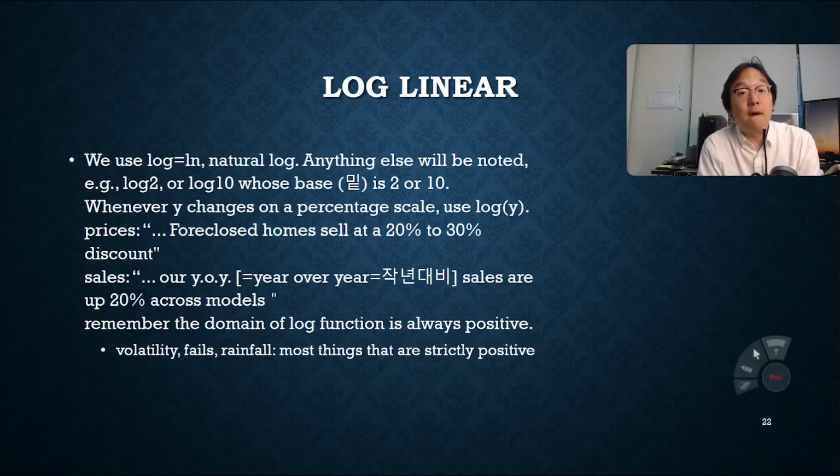Prices: foreclosed homes sell at 20% to 30% discount. Sales: our year-over-year sales are up 20% across models. Then use log, right? Remember the domain of log function is always positive.